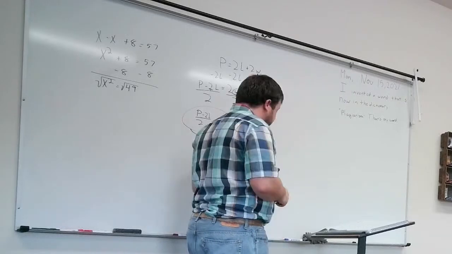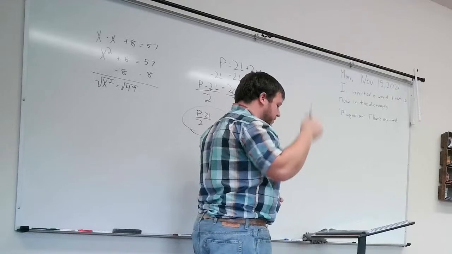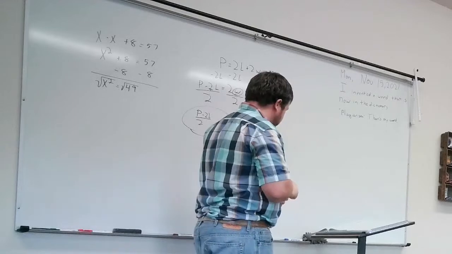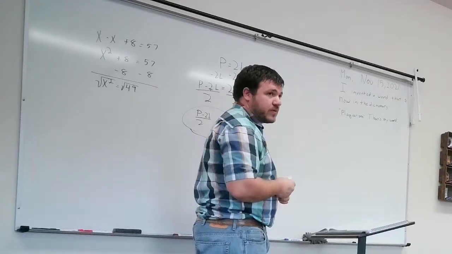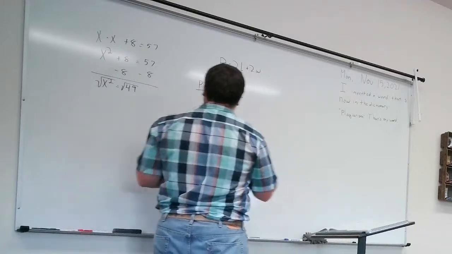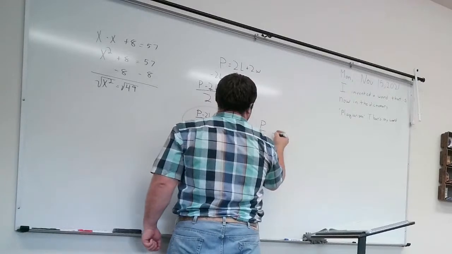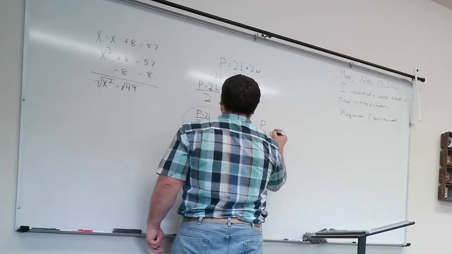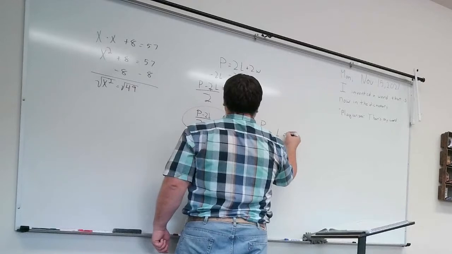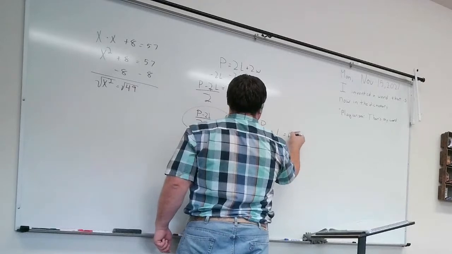No, I tried to simplify too much. Wait, why doesn't the 2 cancel out the 2 by the L? Well, that's what I was saying. Why doesn't it? P over 2, well, it does. Oh, P over 2 minus L, yeah, that's how it should be, I think.